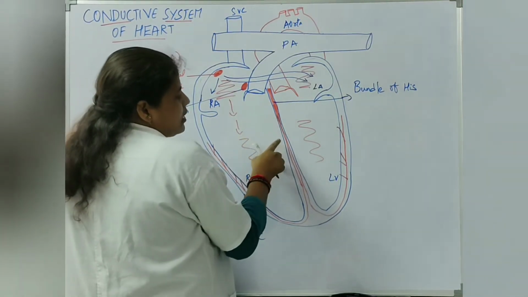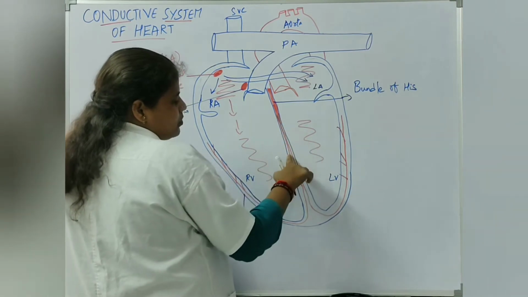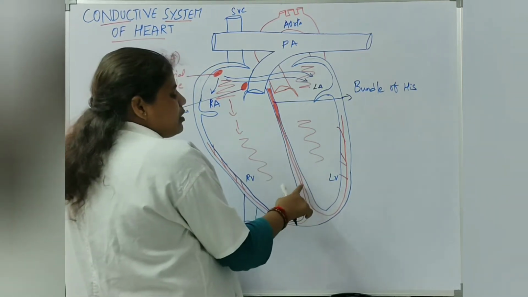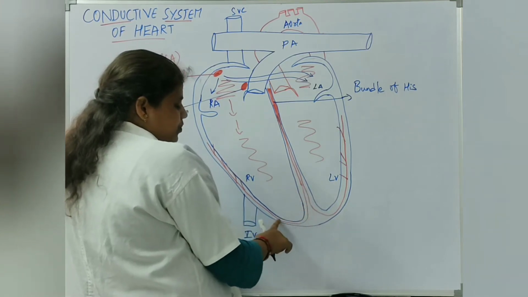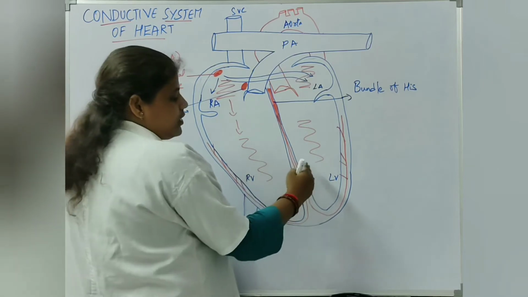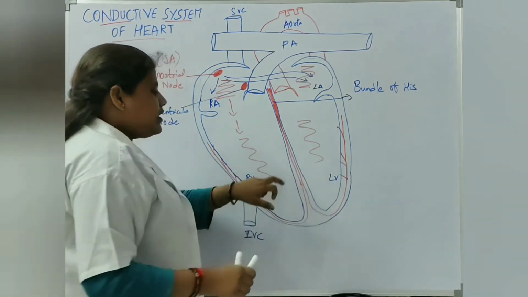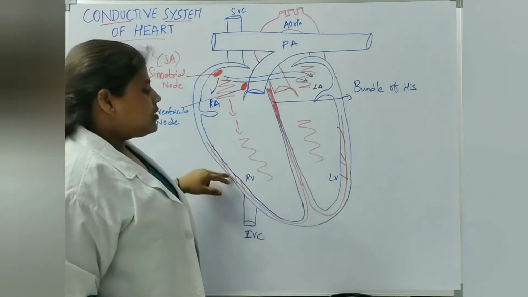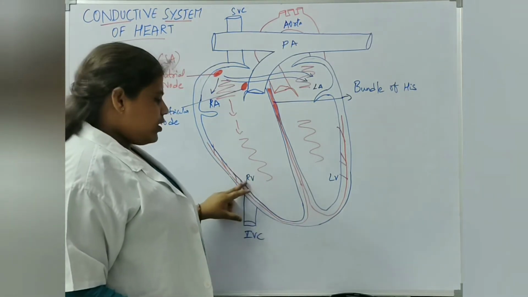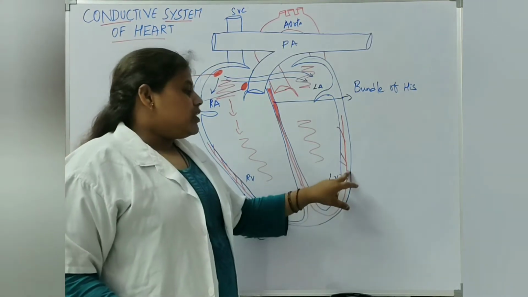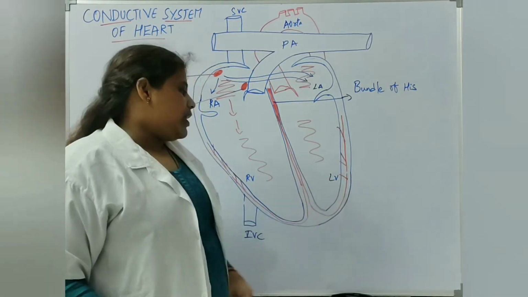From the bundle of His, the signals transmit towards the interventricular septum, and from the interventricular septum, it bifurcates. It goes towards the right and towards the left. The branches which go towards the right are the right ventricular branches, and towards the left we have the left ventricular branches.